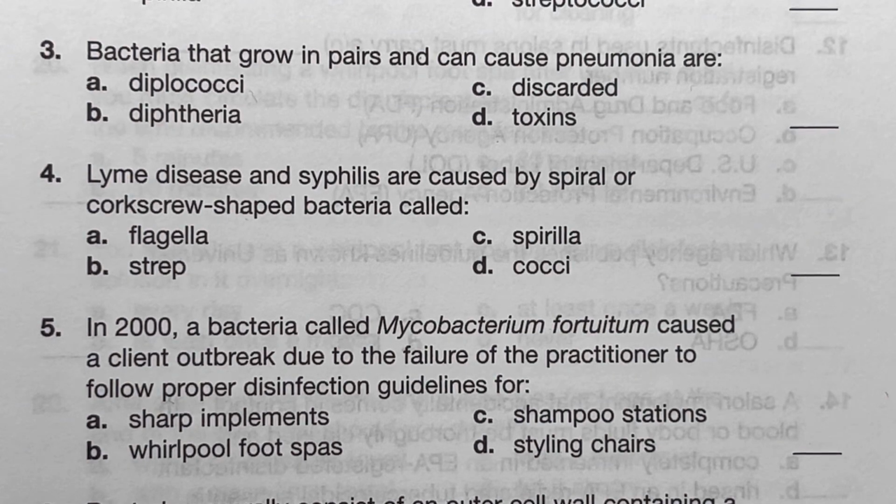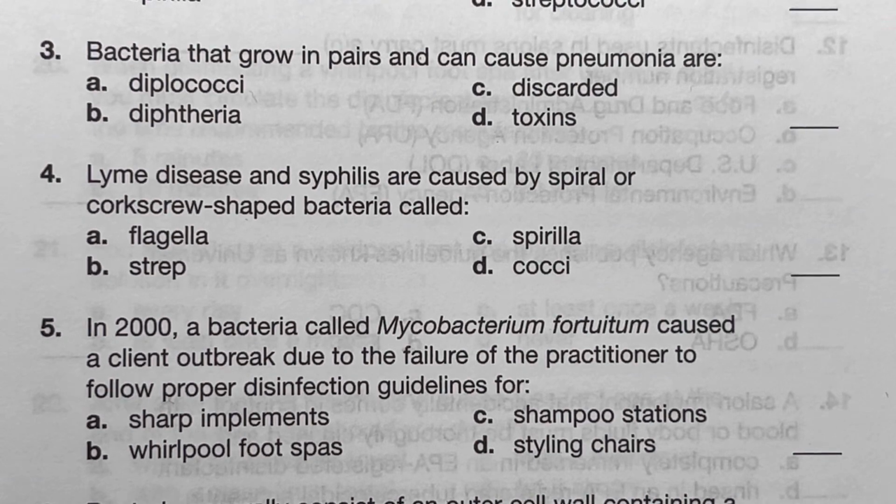Diplococci. Number 4. Lyme disease and syphilis are caused by spiral or corkscrew-shaped bacteria called A. Flagella, B. Strep, C. Spirilla, D. Cocci. And the correct answer is C. Spirilla. Number 5.